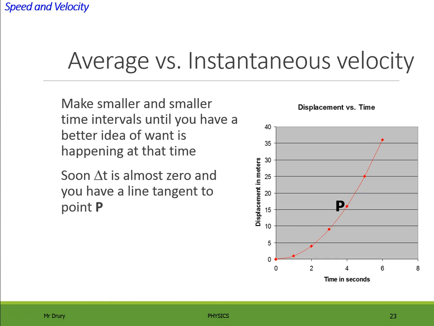If we get to the point where the triangle is so small that delta t is approaching 0, basically what we're doing is drawing a tangent line to point P. And the slope of that tangent line at point P is what's known as the instantaneous velocity.